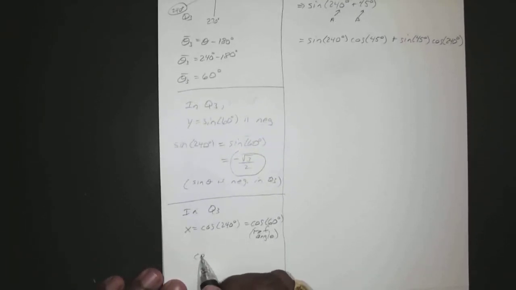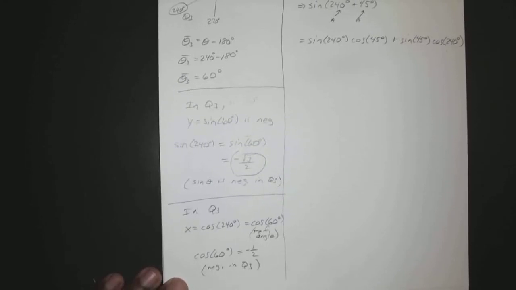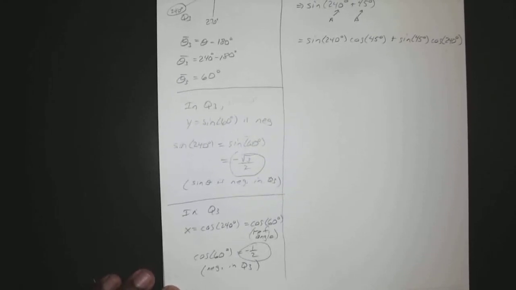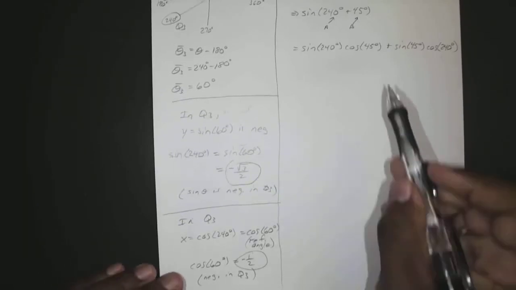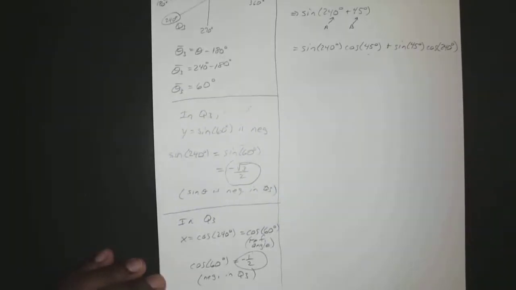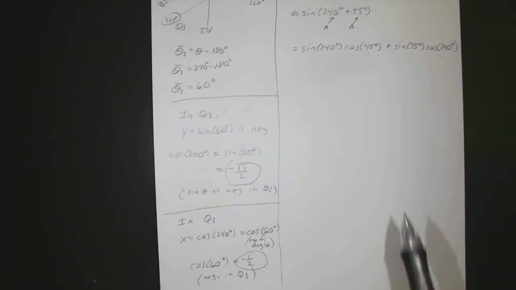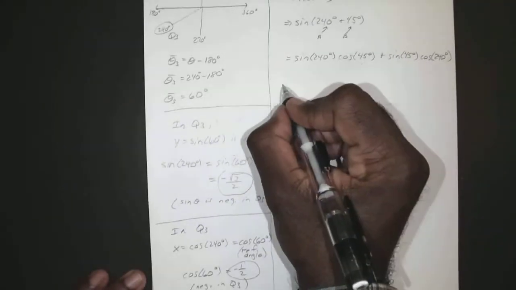So our cosine of 60 degrees is also negative. Negative in quadrant 3. Okay. So we have our cosine of 45 and sine of 45. We can figure that one out. But now we have our reference angle here.